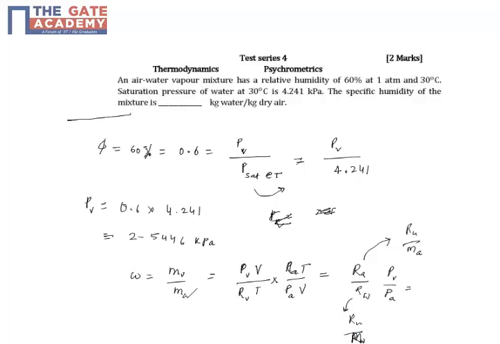Ultimately it comes out as molecular weight of water by molecular weight of air into PV by PA, roughly 18 by 28 into PV by PA. I'm deriving this even though there is not a need. The molecular weight of water is 18 and for air it is 28.9, so this value comes out to be 0.622 PV by PA.